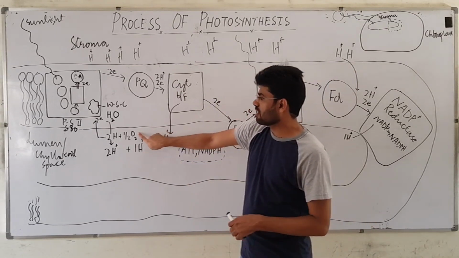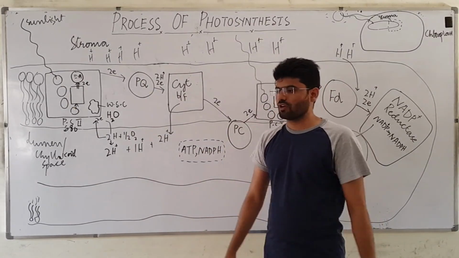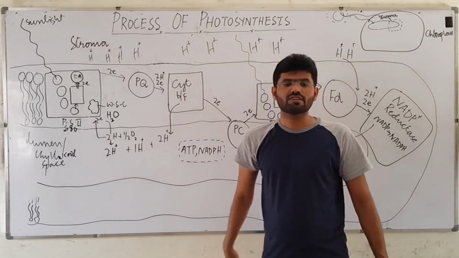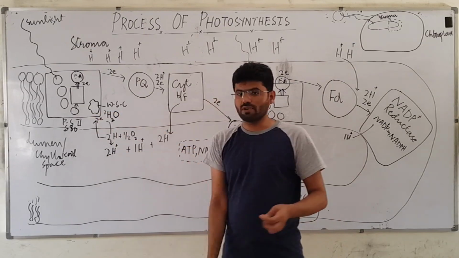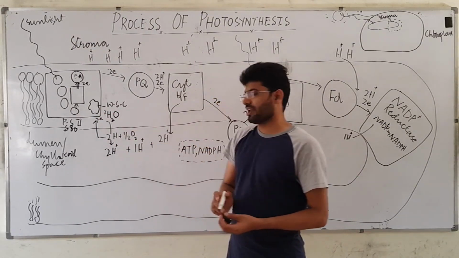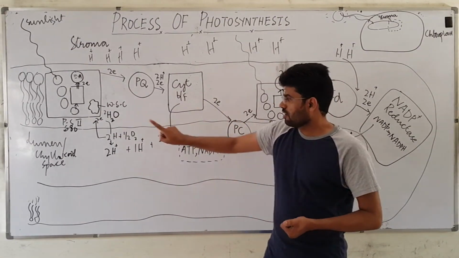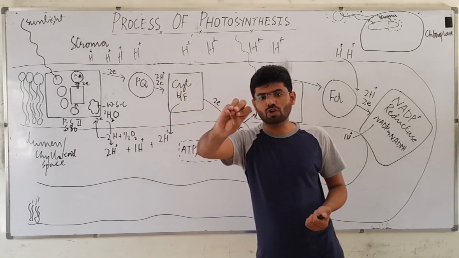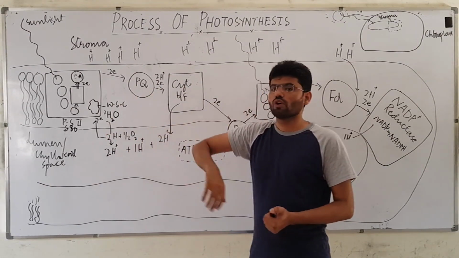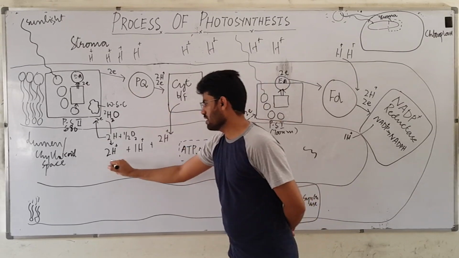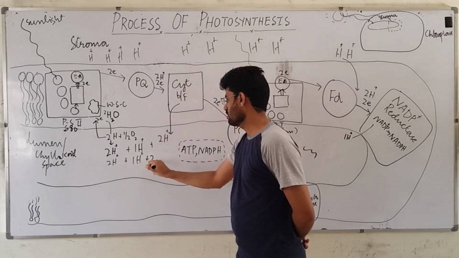Now, if you look at this half oxygen, so half oxygen will not be used by any living organism until it is made as complete oxygen. So, in the water splitting complex, there are 2 water molecules, they are split, and if from one water molecule 5 protons are pumped or 5 protons are accumulated in the lumen, then from the 2 water molecules this quantity will get double, and it will be 10 protons.